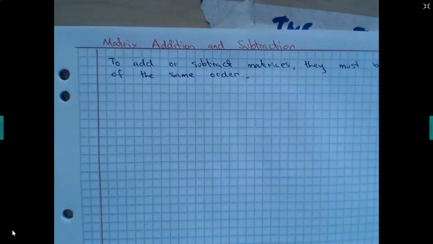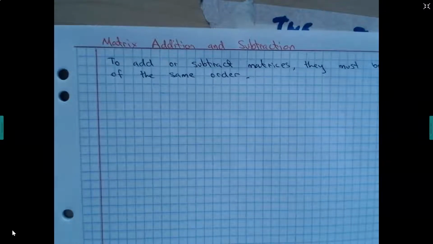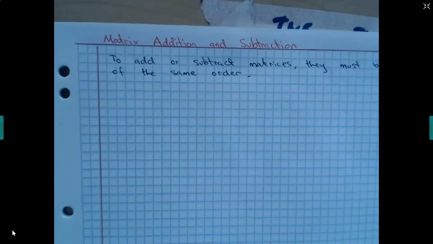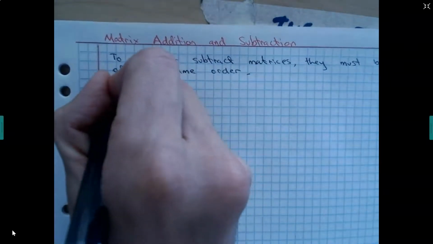So remember, order just means the size of the matrix. So if I've got a 3 by 3 matrix, I can only add it with another 3 by 3 matrix. Or if I want to do a subtraction of 2 matrices, maybe they are both a 2 by 2, or maybe they're both a 2 by 3, but they need to have the same order. If they're not the same order, we cannot do a subtraction or addition of those matrices. So I'll show you what I mean.